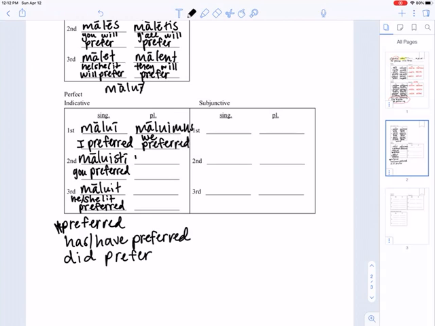For second plural, Maluistis. Okay. And this is y'all preferred. And then our third plural form is Maluerunt. And this is they preferred.